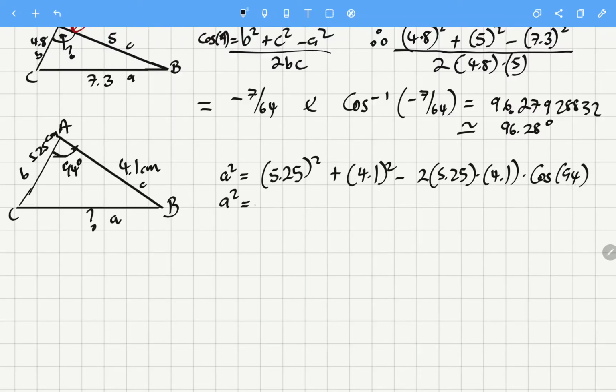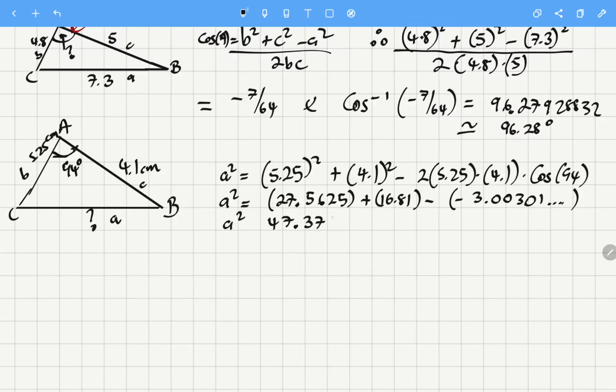So A squared equals 27.5625 plus 16.81 minus 3.00301 and so forth. Then A squared equals 47.37551.